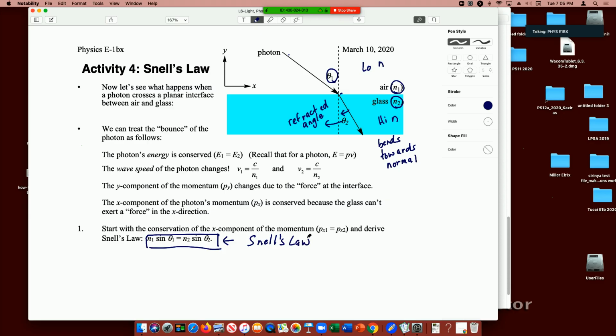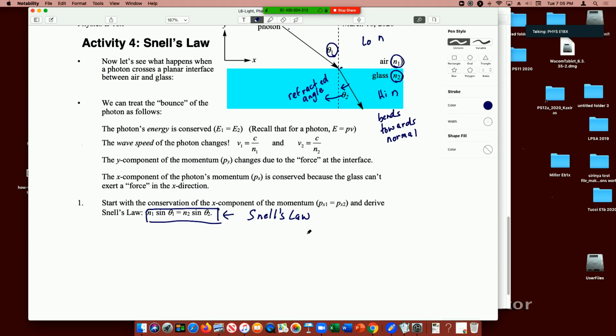So what I would like you to try is to derive this like I did on the page before with the law of reflection. Okay, starting out with all of these assumptions. The same assumption applies regarding the energy of the photons, right?